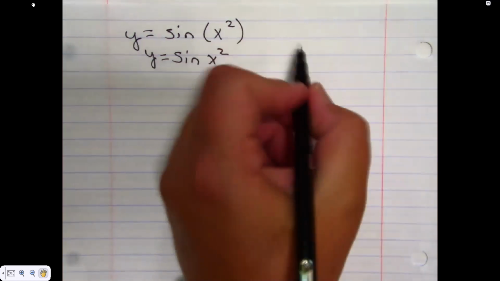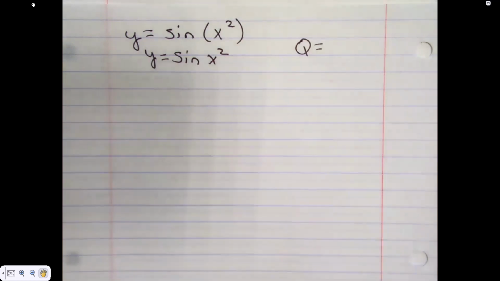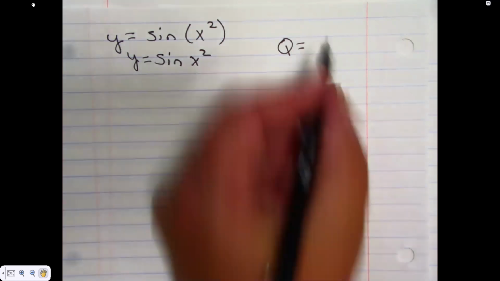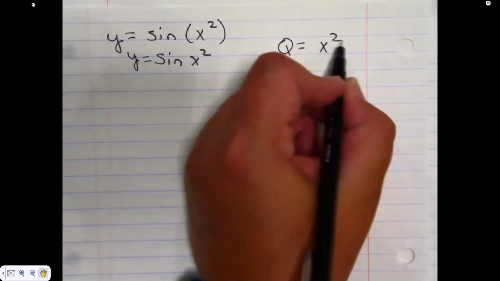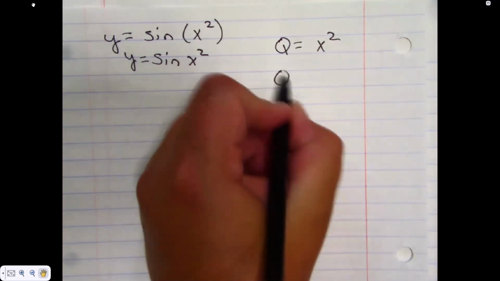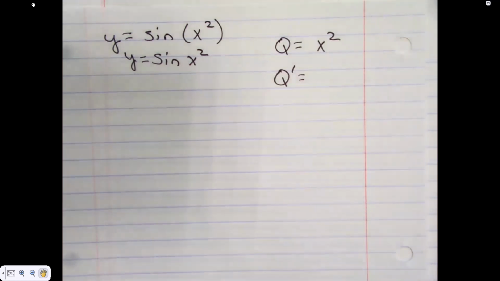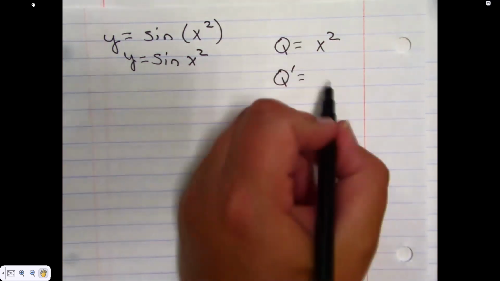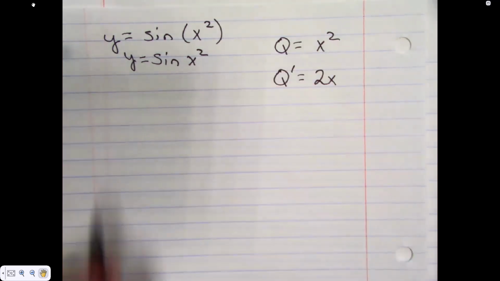So that means what is our quantity? Our quantity then is the x squared. All right, and then its derivative is, if we're doing the derivative on q, that is 2x.